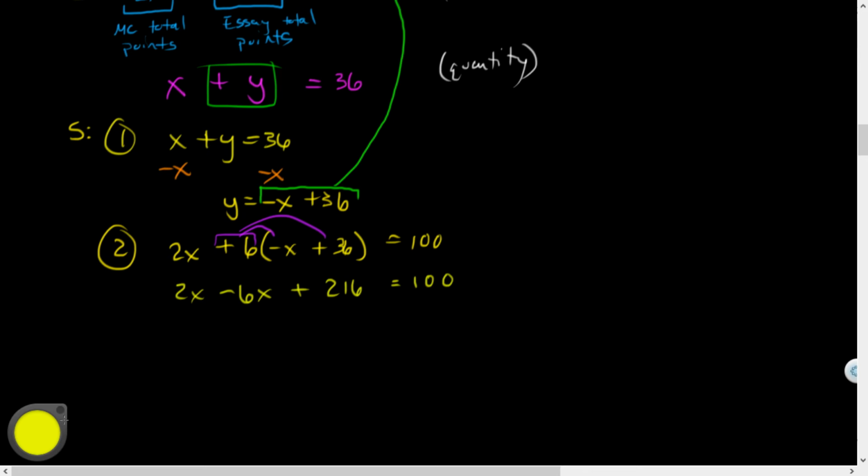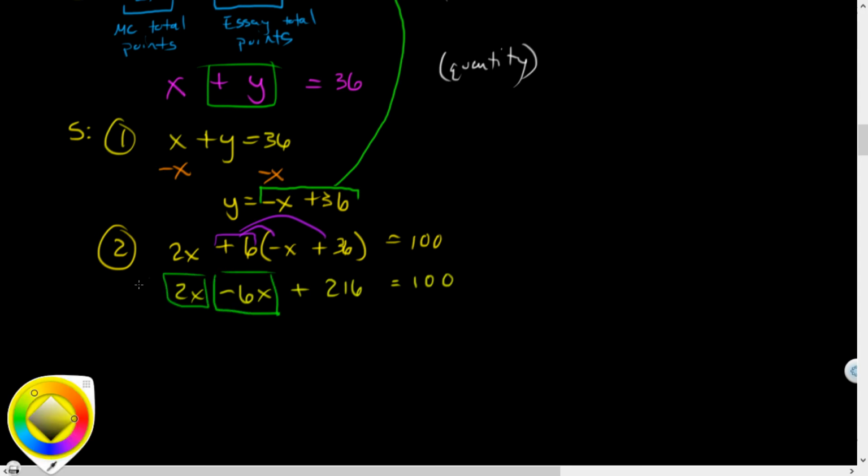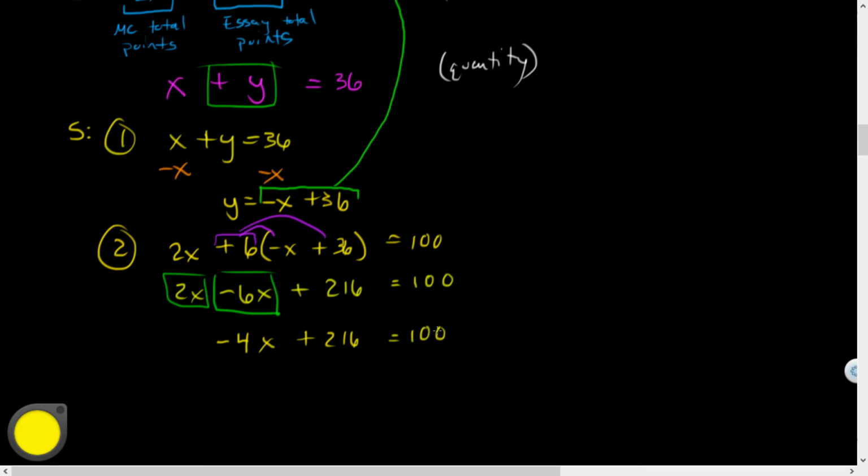We can combine like terms. Do I have to add 6x to both sides? No, because they're on the same side, right? They're both on the left side of the equation. So I can just combine them. 2x's minus 6x's is negative 4x's plus 216 equals 100.